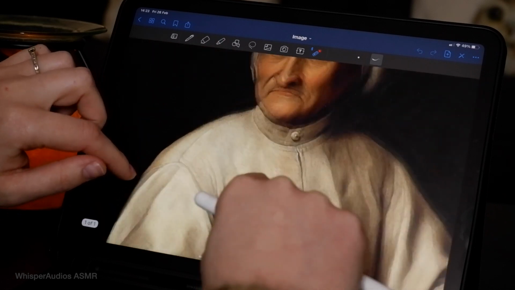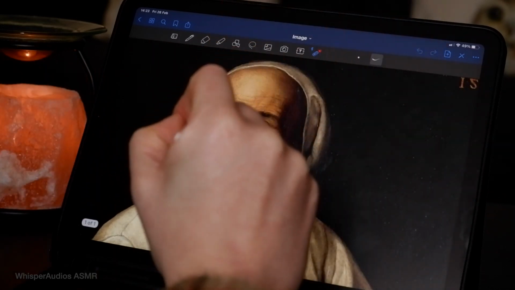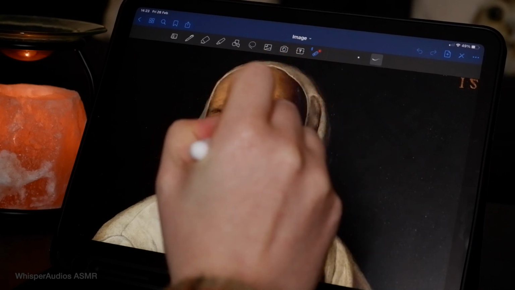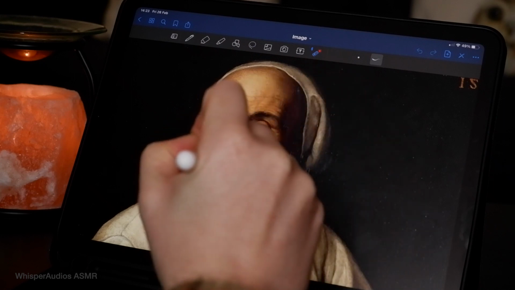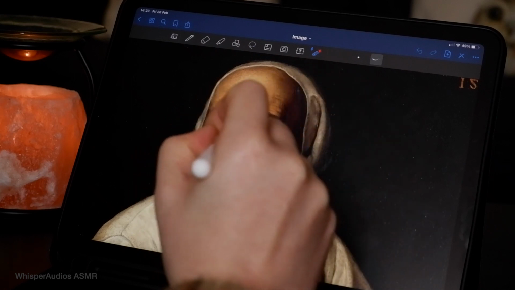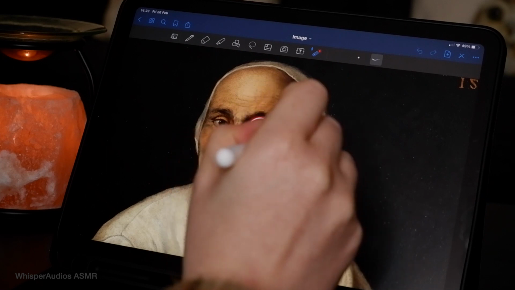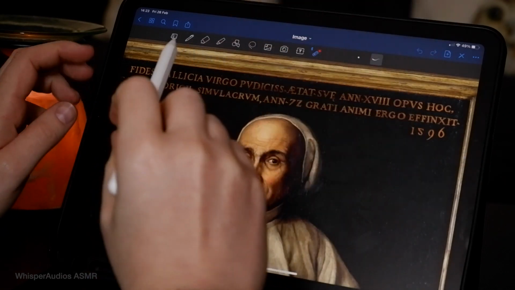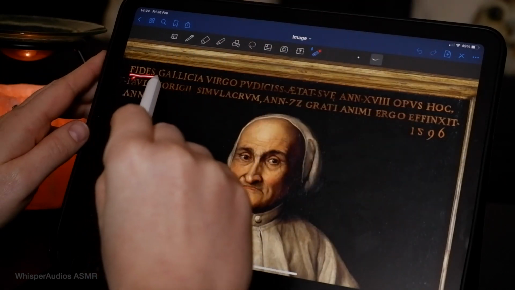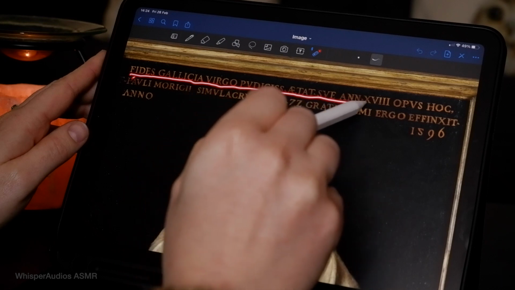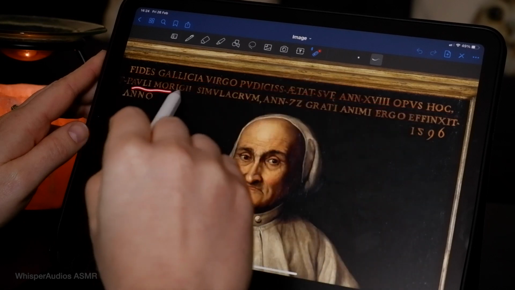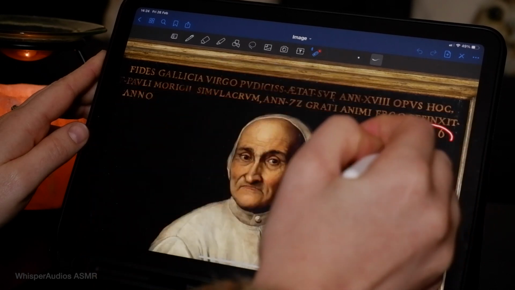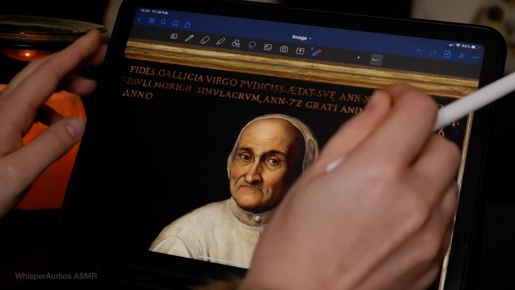He wears a cloth cap, and his expression appears to be quite sad, or, you know, looking off to the side somewhere here. At the top we have some writing, which I believe is in Latin, and a date, 1596.